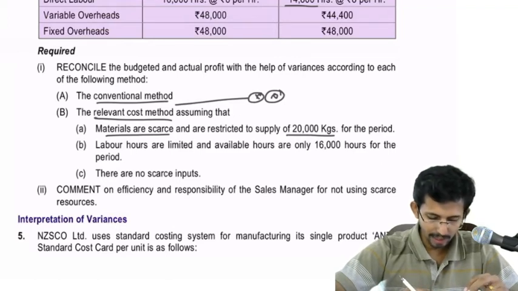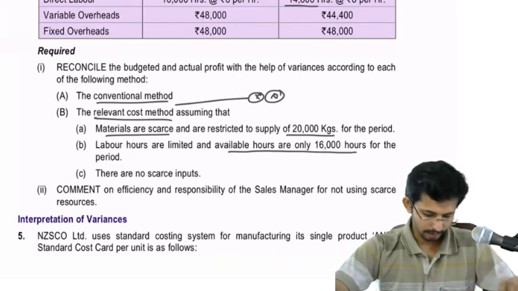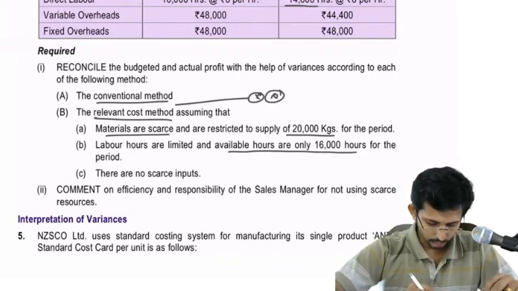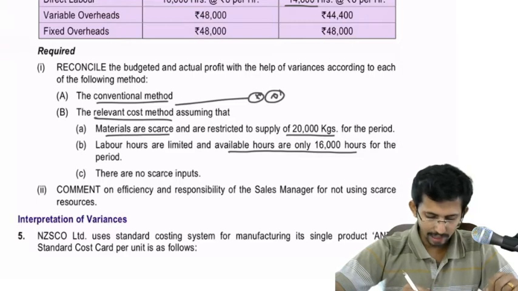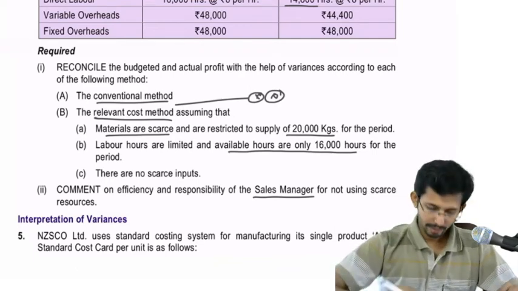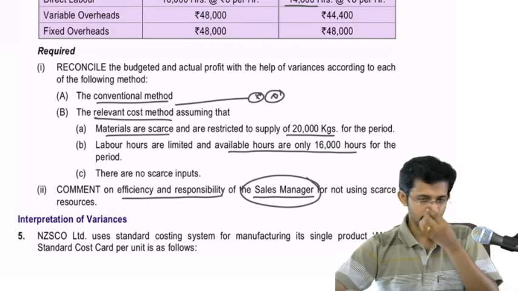Labor hours are limited and available hours are only 16,000 hours for the period, and there are no scarce inputs. Now 2, comment on the efficiency and responsibility of the sales manager for not using the scarce resources.